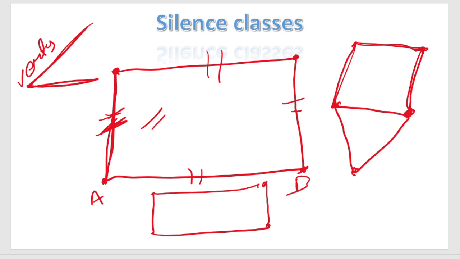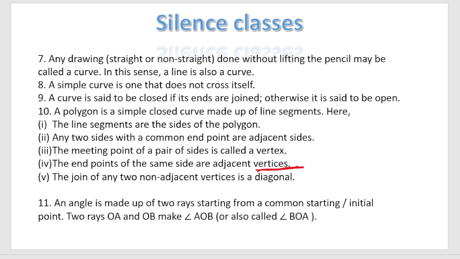But in a closed figure, all these points together are known as vertices. There is only this much difference. If there are many vertices in a closed figure, they are all adjacent vertices.